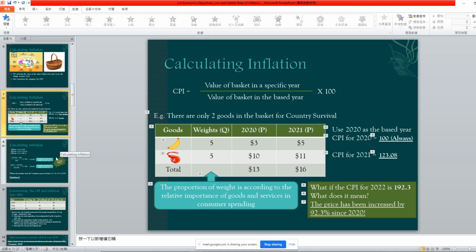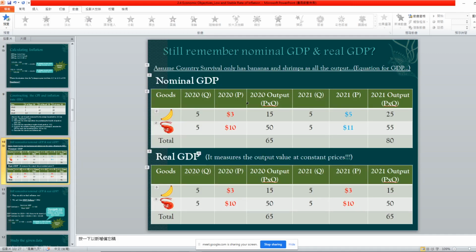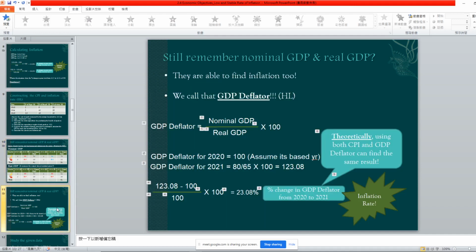We have also talked about another indicator that you haven't learned before, and that is the GDP deflator. When you're using the GDP deflator, you are basically using the figures from real GDP and nominal GDP, putting them together, and you'll be able to find the same thing, which is the inflation rate.